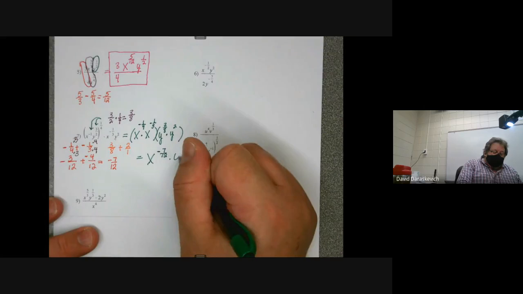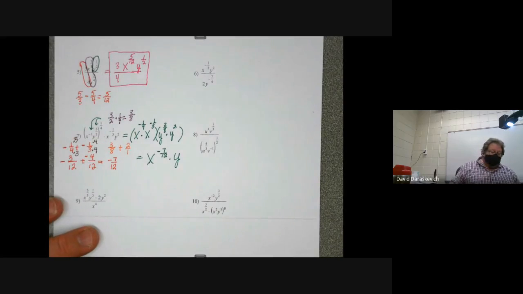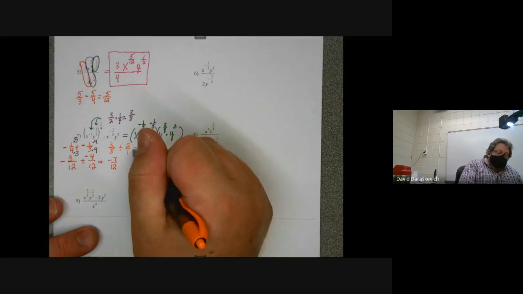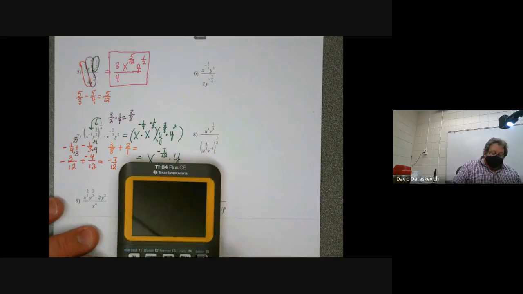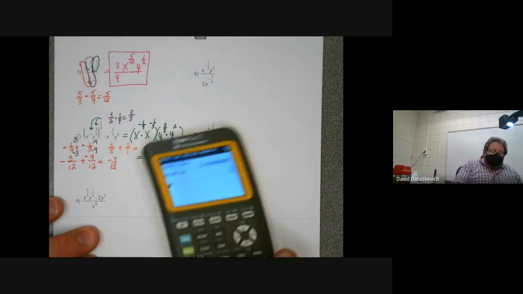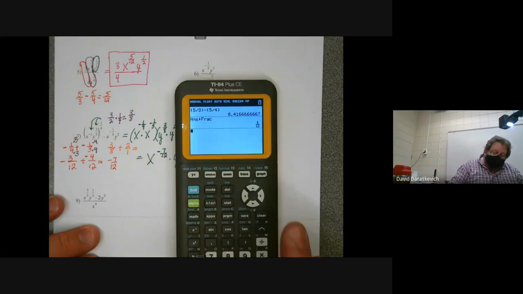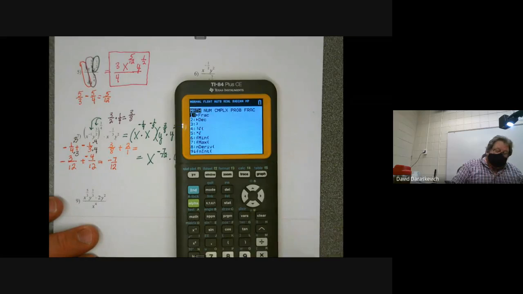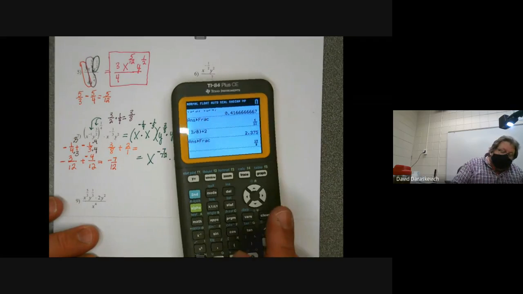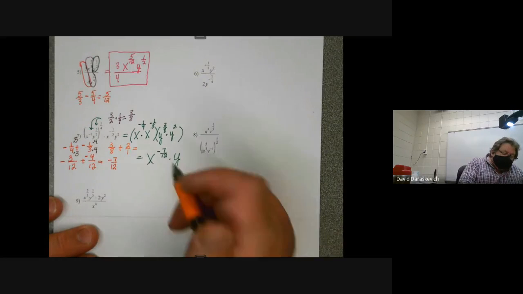And now I need my y's. And this one, I'll do on my calculator. I've got my 3/8. 3 divided by 8 plus 2, I don't have to put a fraction in because the calculator is going to do that. I'm going to hit enter, math, enter, enter, and I get 19/8.